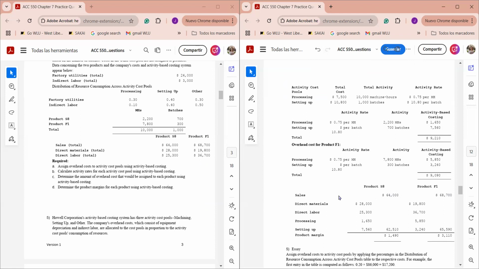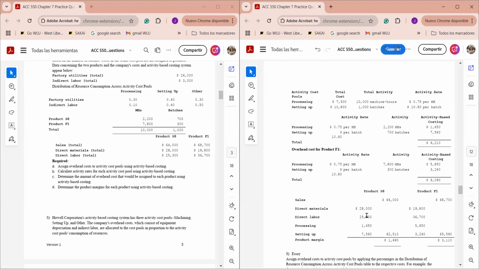Then these are direct materials and direct labor for each. Then we're going to take our totals for processing and setting up for each product, which we determined over here. First for product S8, it's processing and setting up. We have to put them down here.